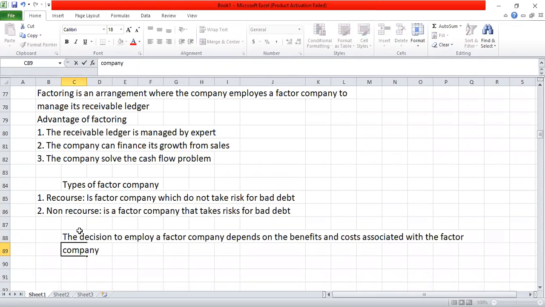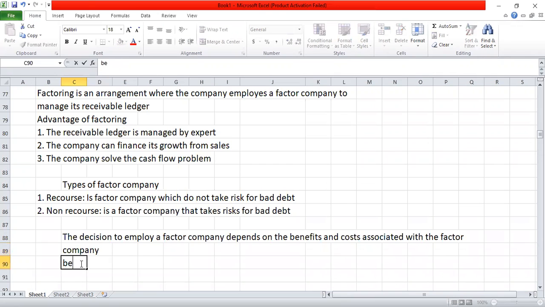So you are going to evaluate the benefits and also look at the costs associated with the factor company. Then from there, you can be able to make a decision.